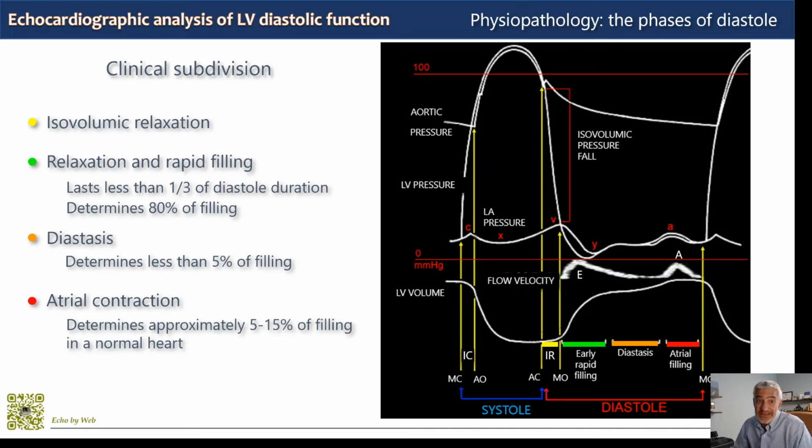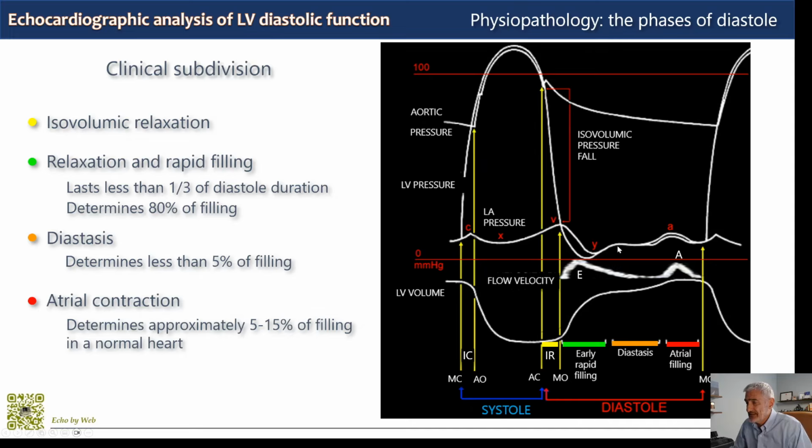The third phase, here in orange, is called diastasis, from the Greek diastasis, which means separation, because it separates the second phase, early rapid filling, from the fourth phase, which is caused by atrial contraction, here in red. This determines minor left ventricular filling, as you can see here from the minor increase in the LV volume curve.